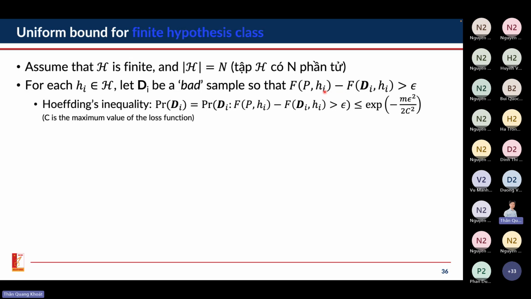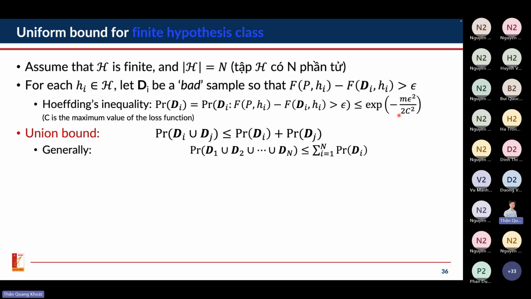Okay, so from the Hoeffding inequality, we can show that the probability of D_i, so that this difference in error is large, is at most this quantity. And by Hoeffding, because D_i is independent of h_i, we can apply the Hoeffding result.